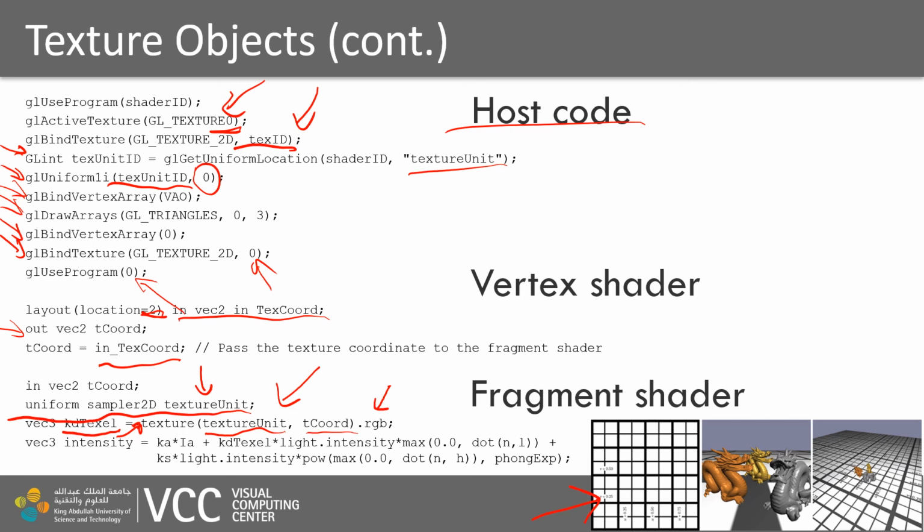And when we are performing our illumination, we will have our ambient term, and for our diffuse term, we will be using the color obtained from the texture and illuminated, shaded with the previous methods which we have already described with the Blinn-Phong shading, and the specular highlight will be there as well.